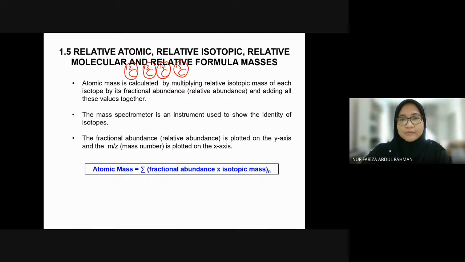We need to know the isotopic mass for each isotope. So we need to know the mass for carbon-12, carbon-13, carbon-14, and carbon-15.